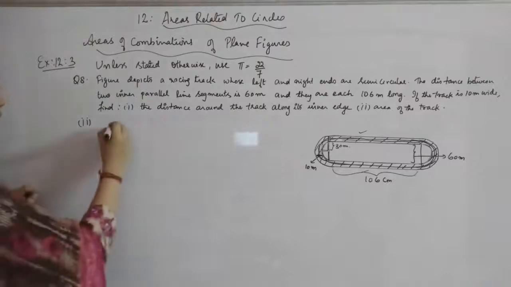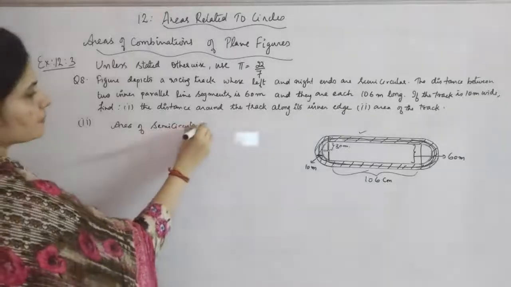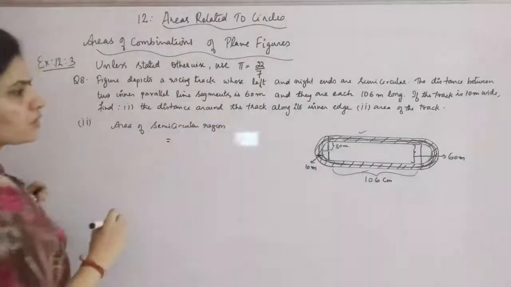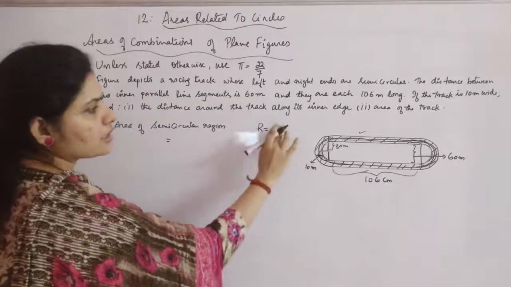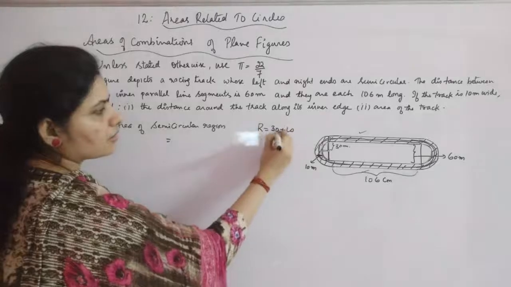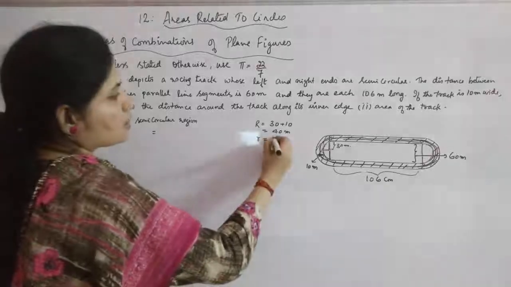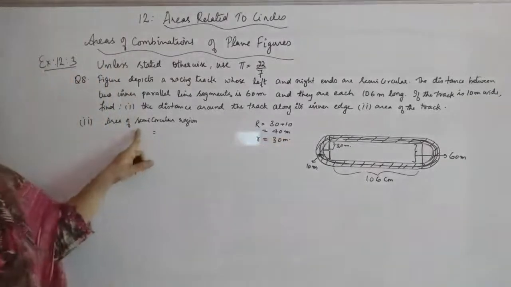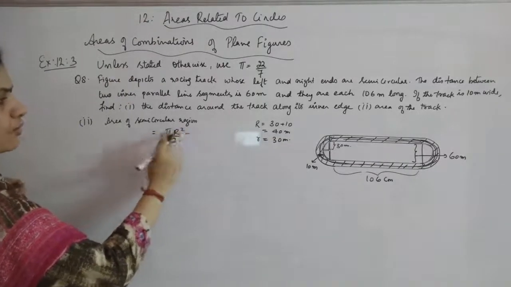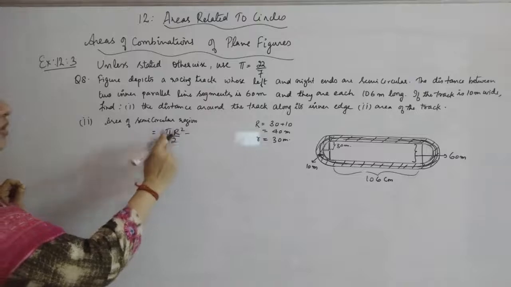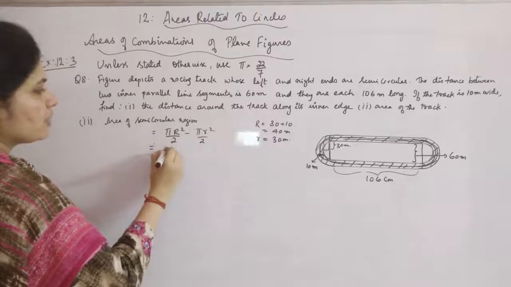Okay, so first we will find out the area of the semicircular region. You understood, the capital R will be 40 meters, that is 30 plus 10, and small r is 30 meter. Now the area of the semicircular region is pi r square by 2. Pi r square is the circular region's area, so pi r square by 2 is the semicircular region's area, minus pi small r square by 2. So pi by 2 can be taken out.